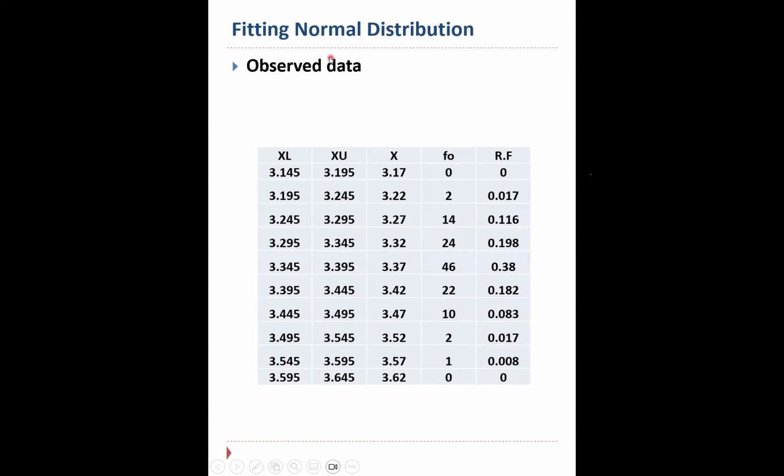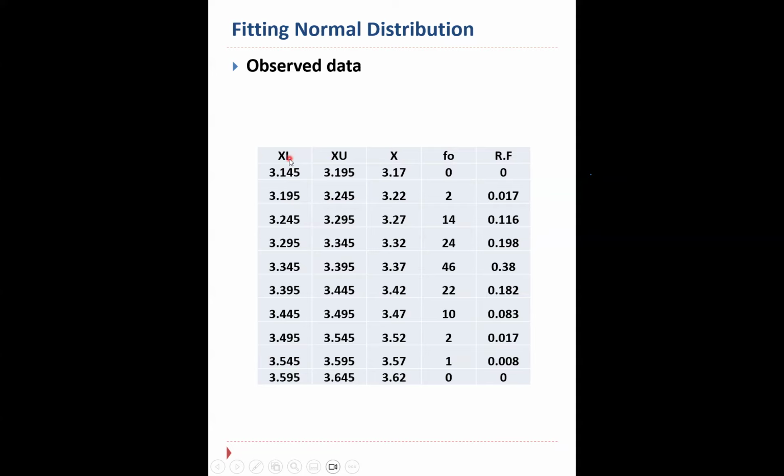So to fit the data for a normal distribution, the first step is to generate the probabilities from the model distribution about mean value and standard deviation. Here is the example.